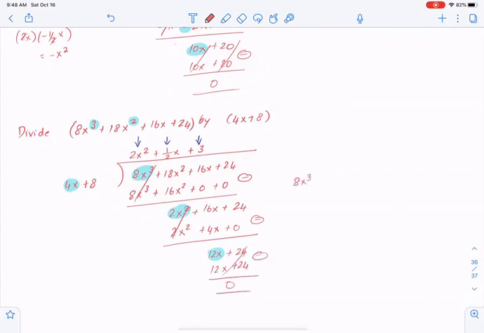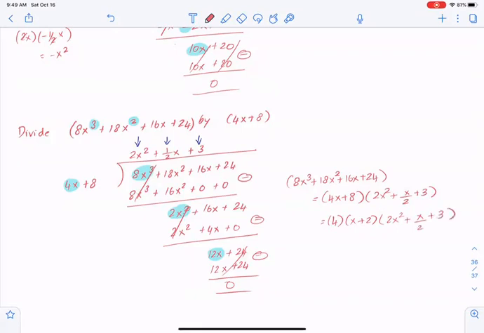So 8x cubed plus 18x squared plus 16x plus 24 is fully factorable as 4x plus 8 multiplied by 2x squared plus x over 2 plus 3. I have a 2 in common in the first factor, so I can pull that out. Actually, I have a 4 in common, so if I pull that out, 4 times x plus 2 times 2x squared plus x over 2 plus 3.